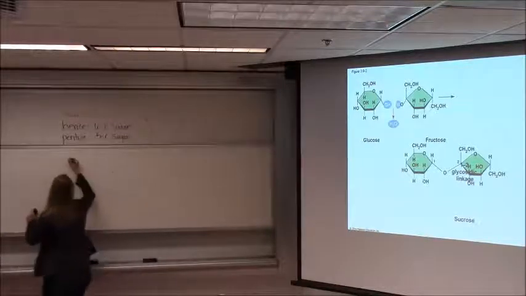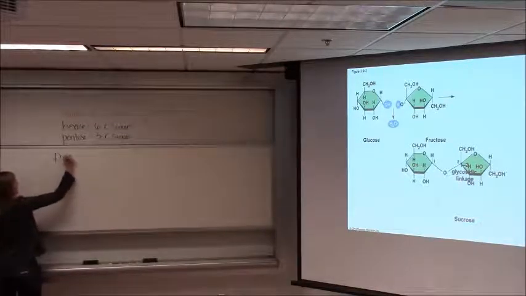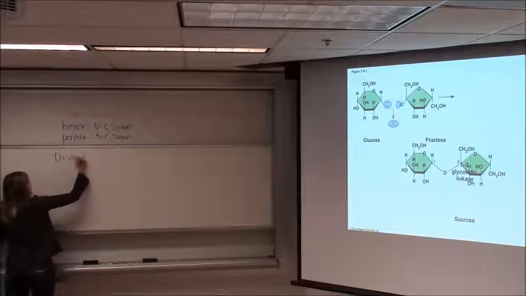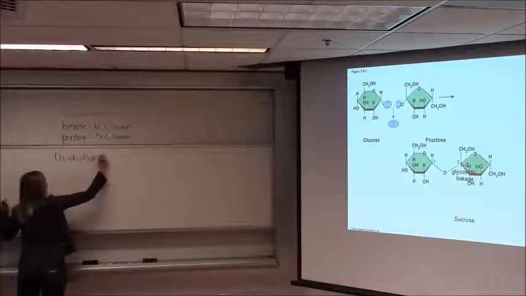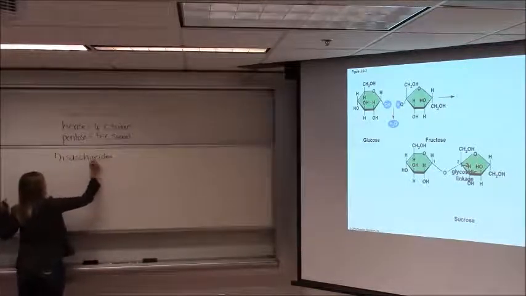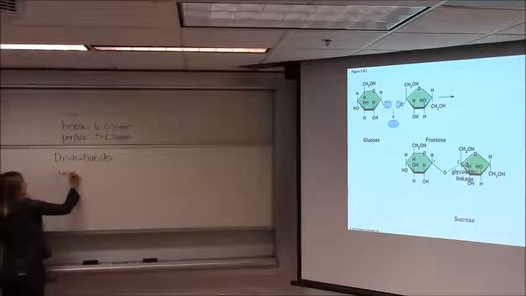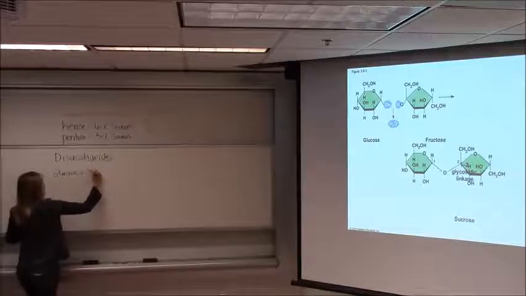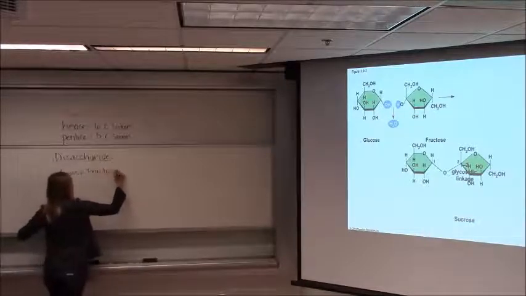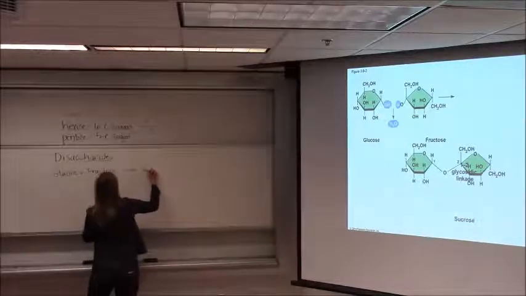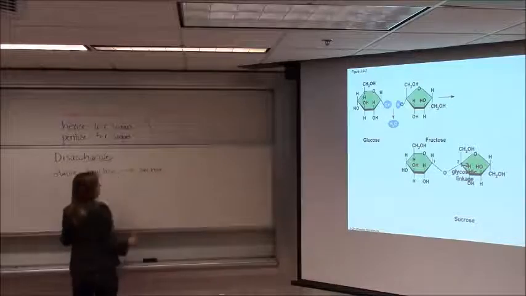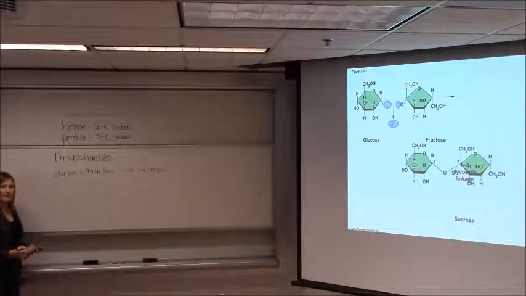Di means 2, so this is two sugars. We're seeing the first example on the screen. Glucose plus fructose come together to form sucrose.